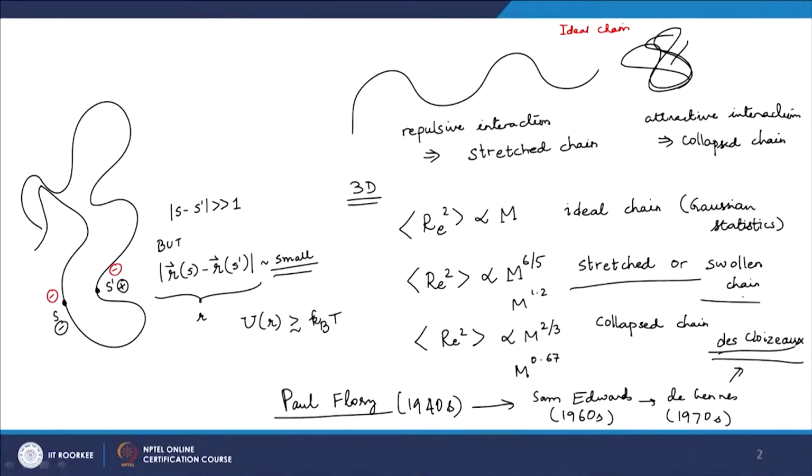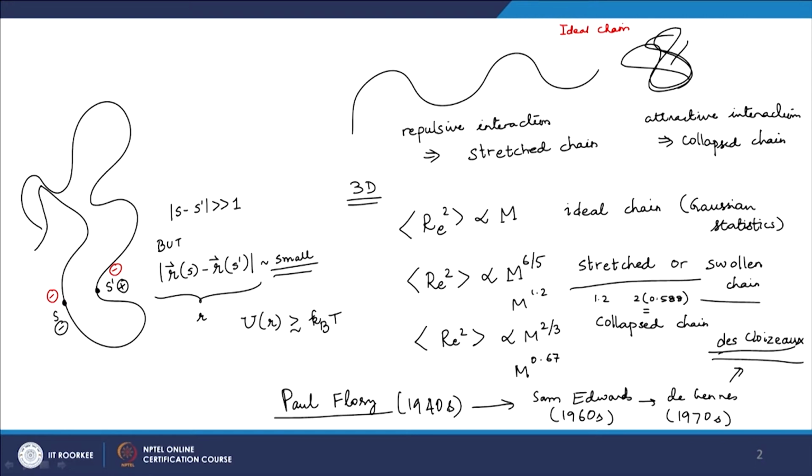In fact, what des Cloizeaux and others, or even de Gennes, did was a very small change, I would say less than 1 or 2%, maximum 5%, in the scaling laws for the stressed chain system. The numbers were like 1.2 compared to 2 multiplied by 0.588, that is almost the same as 1.2.